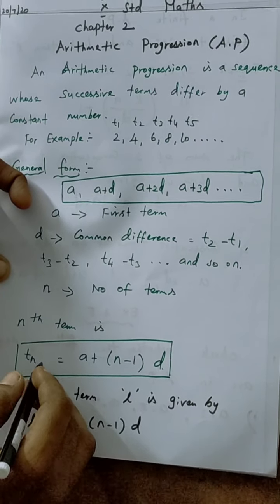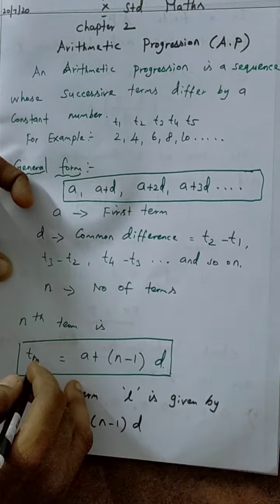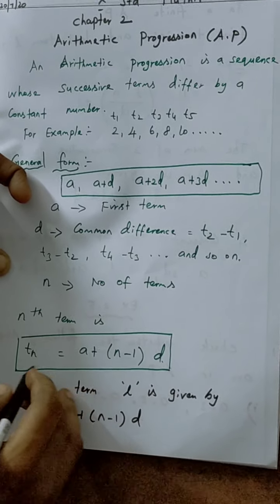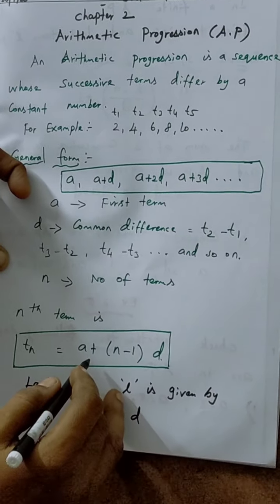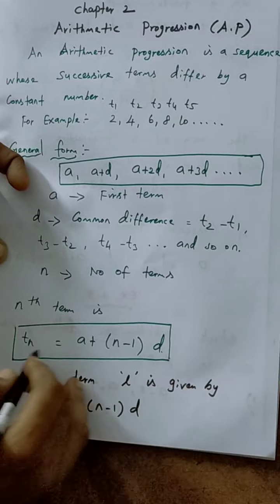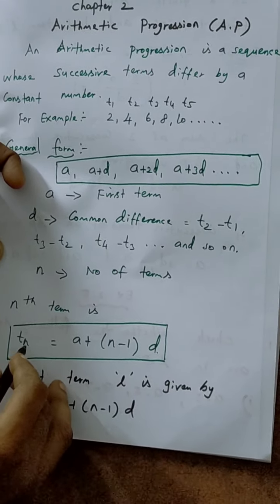Suppose you need the 50th term, T50, or the 100th term, then you apply this formula: Tn equal to a plus within bracket n minus 1 close the bracket into d. So n means the number of terms.